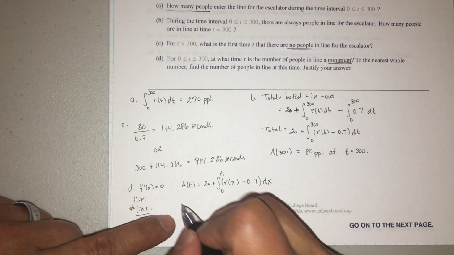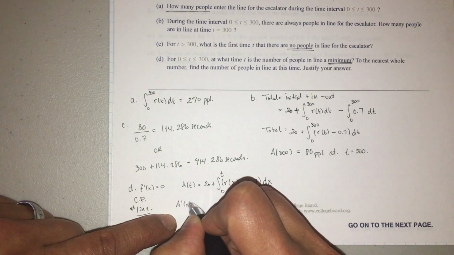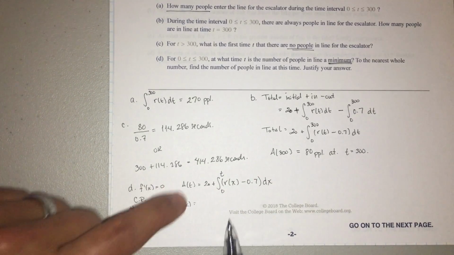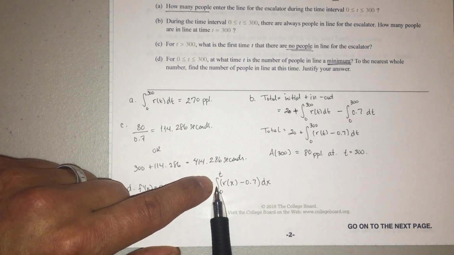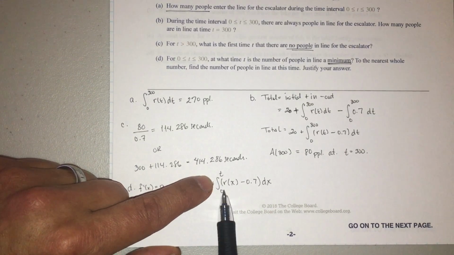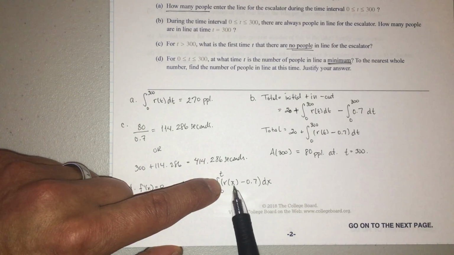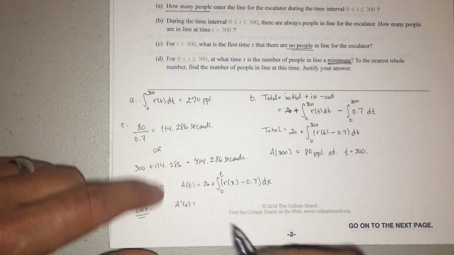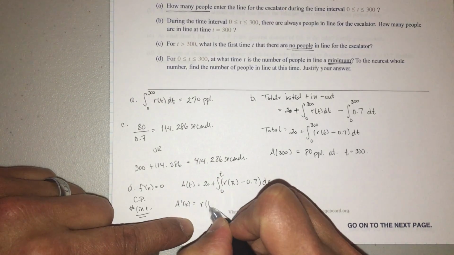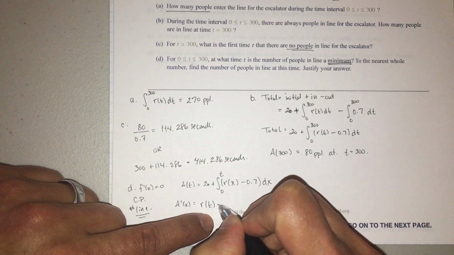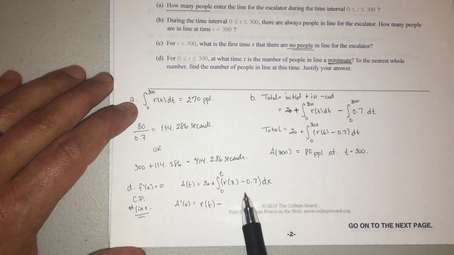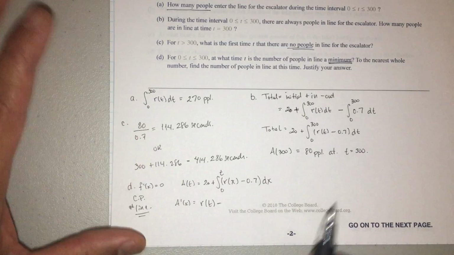What do I got to do? Take the derivative, set it equal to 0. A prime of t: the derivative of 20 is 0. The derivative of the integral, remember, is the fundamental theorem. They simplify each other out. All you got to do is replace the x with a t. So this becomes r of t minus, and this guy you just leave the same thing.